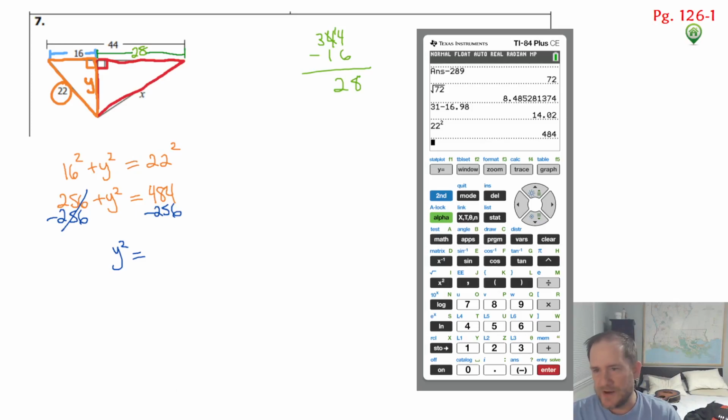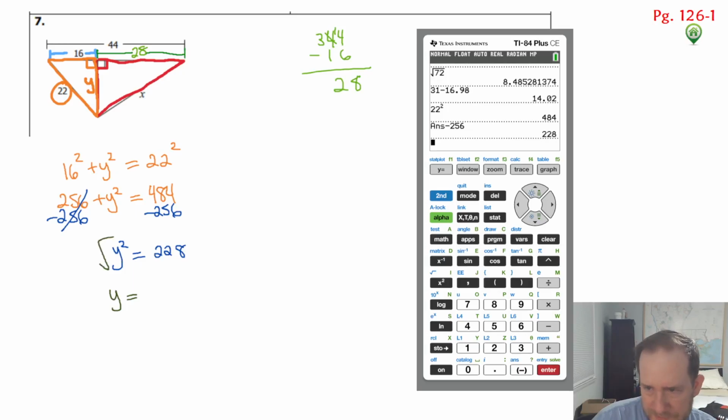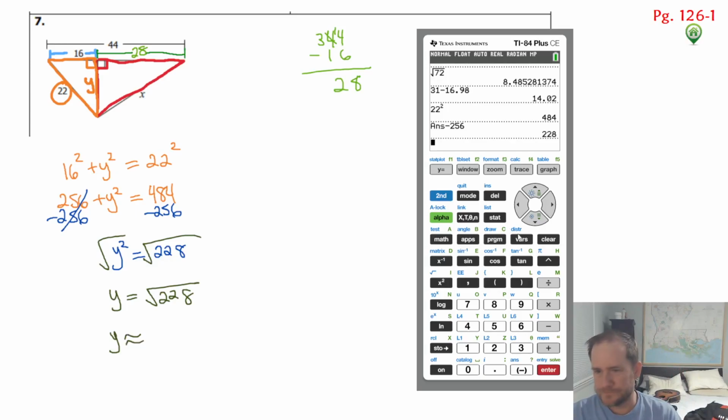And if I do the subtraction, we're left with 228. So that tells me that plain old y, if I take the square root of both sides, is the square root of 228, which I can figure out is approximately 15.10, I guess is what we're calling that.